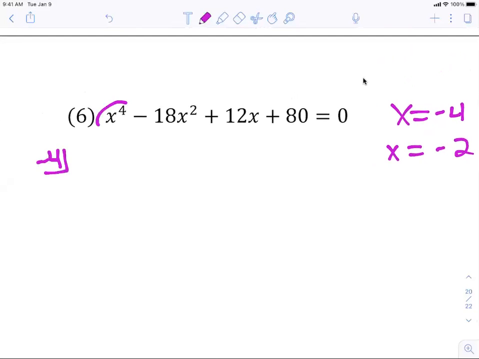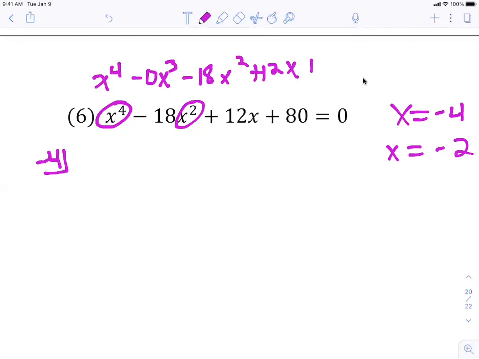Because we go from an x to the fourth, I skip x cubed, and we go directly to an x squared. So before I actually start writing out my synthetic division, we're going to want to make sure that we have a 0 in place of the cube term, because you can't perform synthetic division with missing terms. So I'm going to pull out all my coefficients, including the 0.